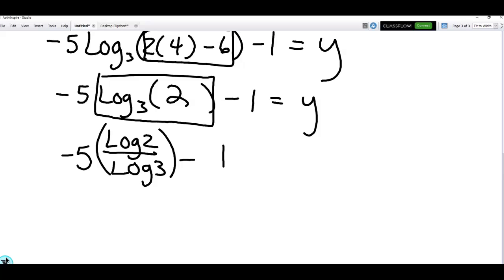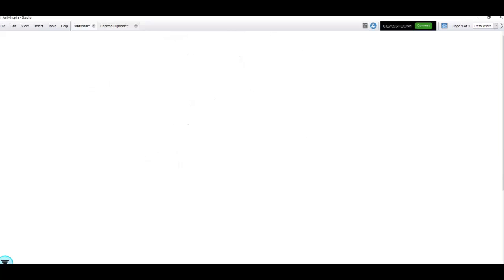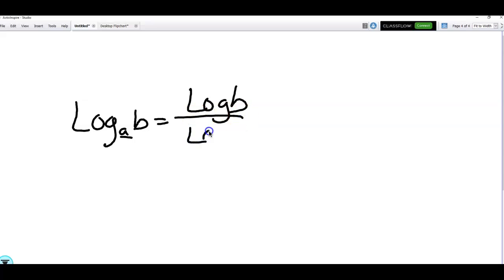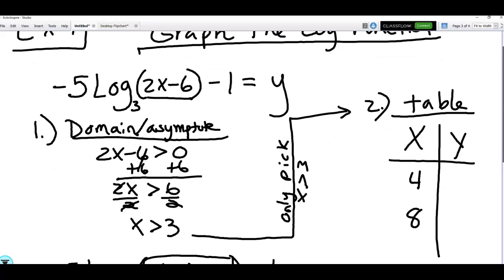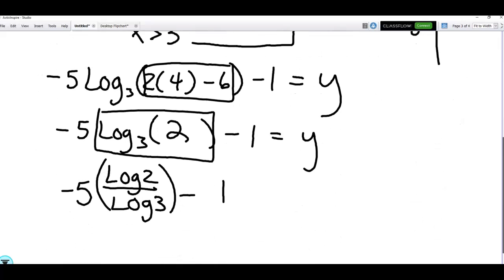It's been a little while, but if you have a log with a non-friendly base that you can't do mentally, you can change it to base 10 using this formula, so you can use a calculator to get the answer. It's called the change of base formula. We talked about it a couple lessons ago.